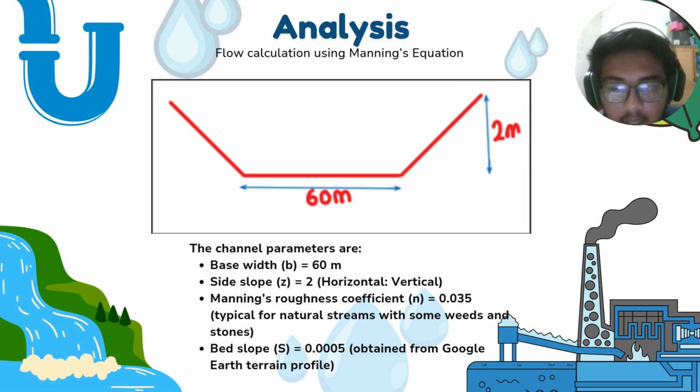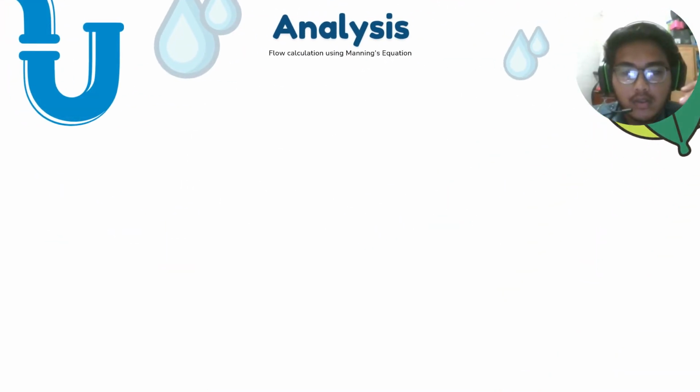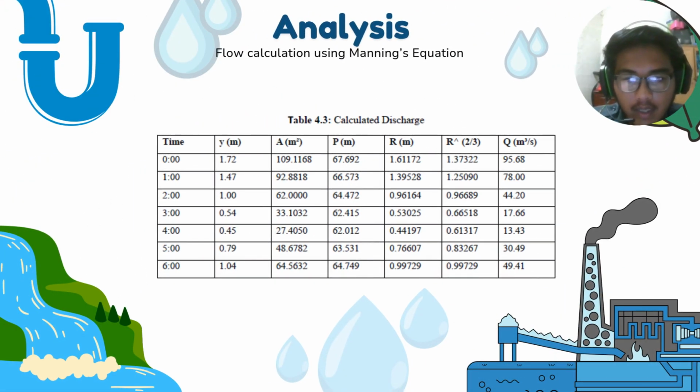And the fourth one is the bed slope, S, which is 0.0005, which we obtained from a Google Earth terrain profile. So this is the calculated data that we obtain for the trapezoidal shape.